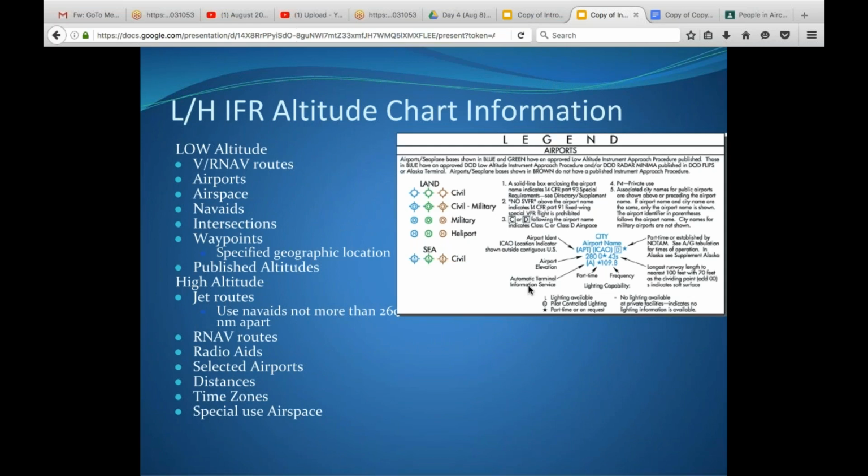So here's some information about our different charts here. You can see each one of these maps. If you want to jump over to SkyVector really quick, Davis, if you want to pull that up on a tab or something.